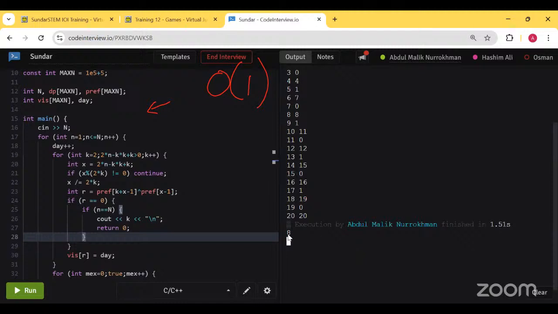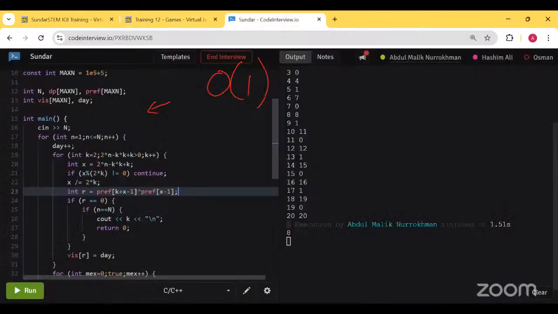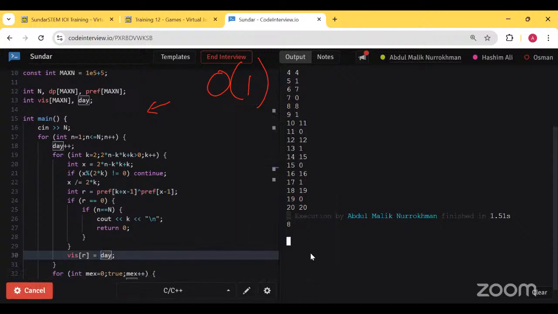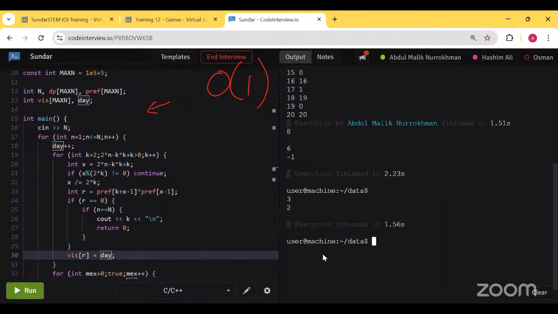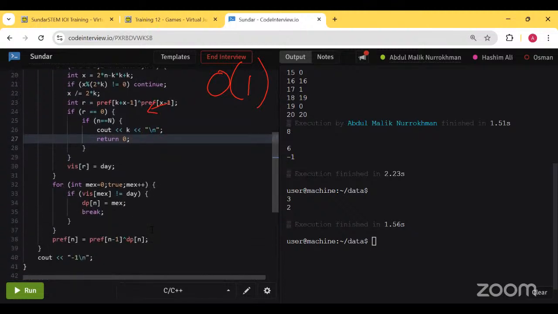All right, the answer is 8. This is correct. What if the input is 6? Minus 1. If the input is 3, then 2. All right, it's correct. Now, is there any question for this problem?